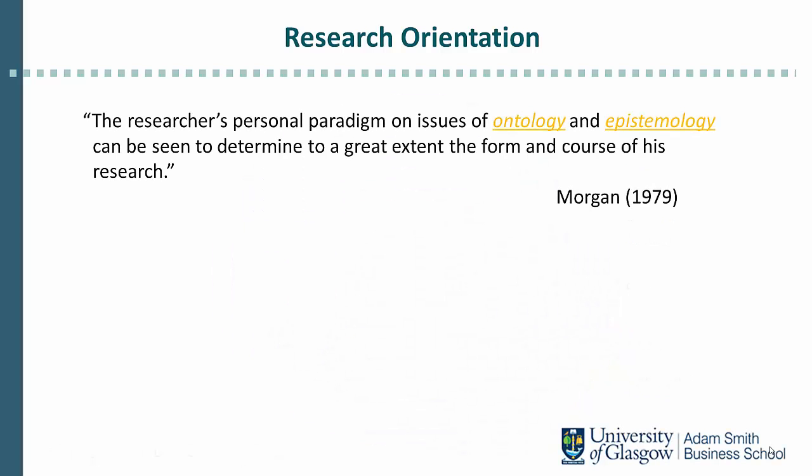To sum up what research orientation means, it is the researcher's personal paradigm on issues of ontology and epistemology. Again, ontology refers to the nature of the phenomenon under study, and epistemology, the process through which we, as researchers, are able to get to understand that phenomenon.